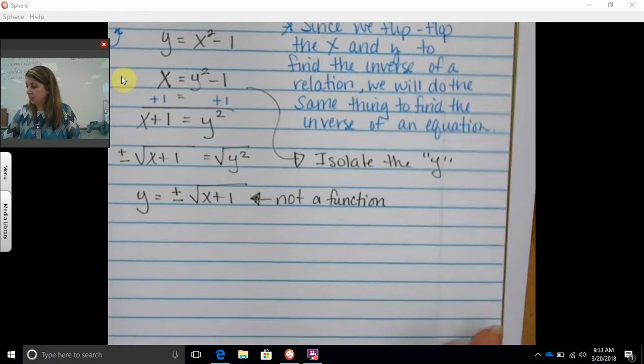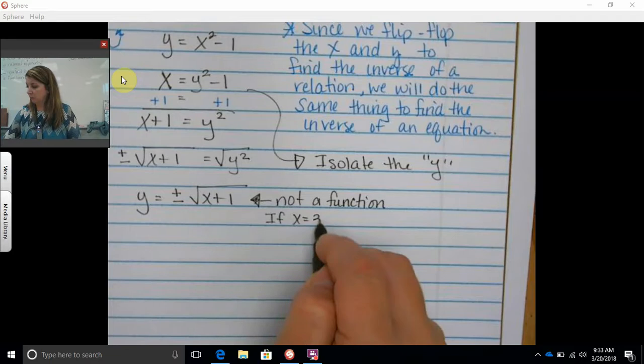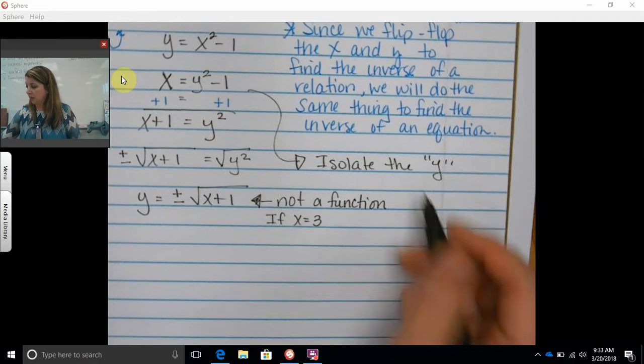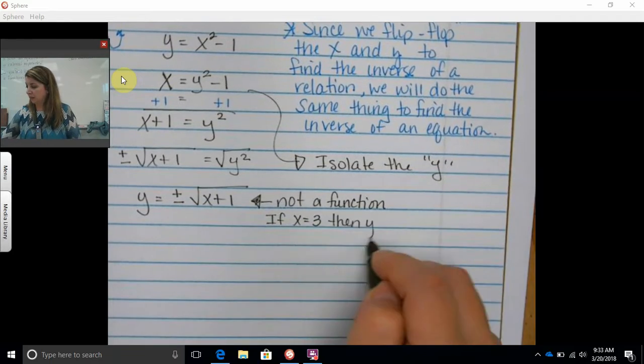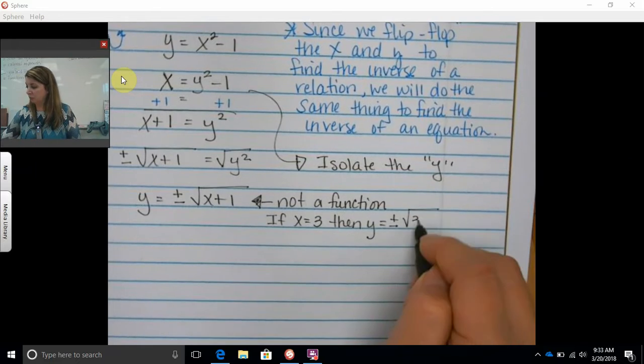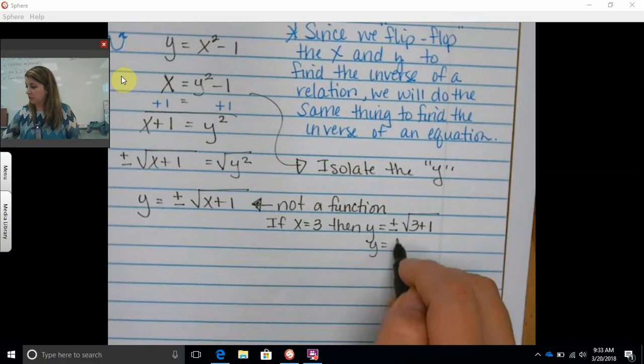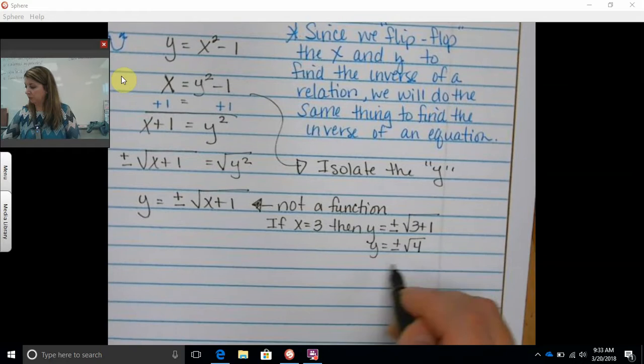Okay, I will. So if x equals 3, then y equals positive or negative the square root of 3 plus 1. That's positive or negative the square root of 4, which is positive or negative 2.